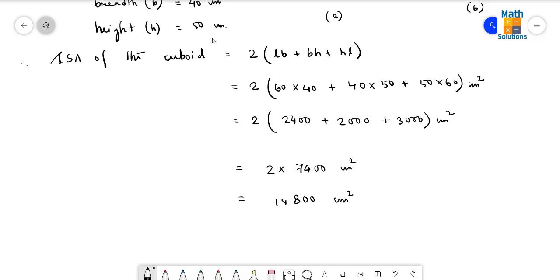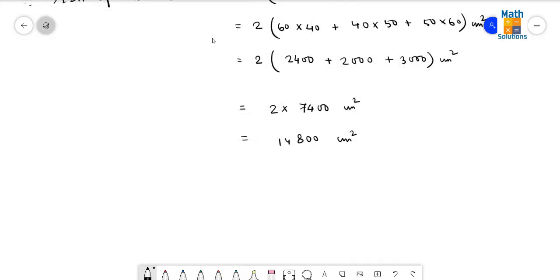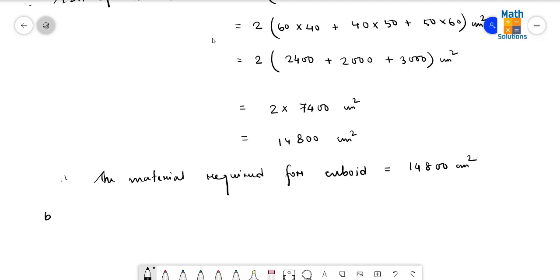So the material required for the cuboid will be 14,800 centimeters square. Then we shall come to case B.